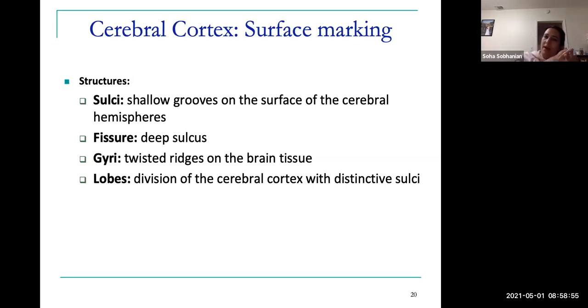So keep that in mind, guys. If you're looking at the skull, you have frontal, parietal, occipital, and temporal. Based on the location of these cranial bones, you have the same lobes underneath it. So what does that mean?